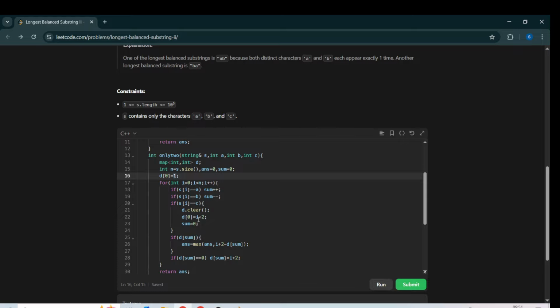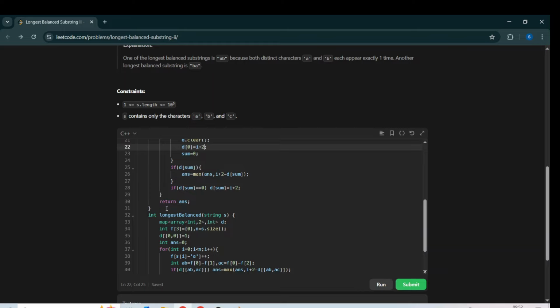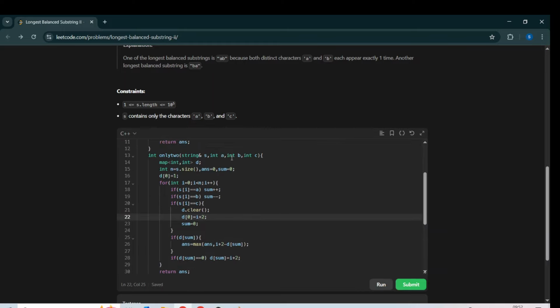I think you got it, why we are setting d of 0 as I plus 2 instead of I plus 1, because we can't set something as 0. So if d of sum, answer equals to maximum answer comma I plus 2 minus d of sum. This is for only 2, so I will call only 2 for ABC, ACB, and BCA.